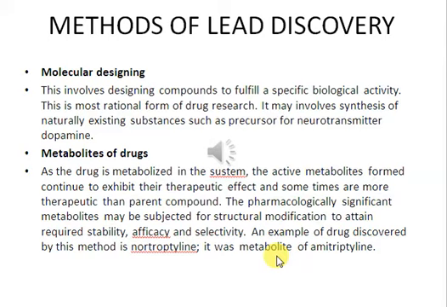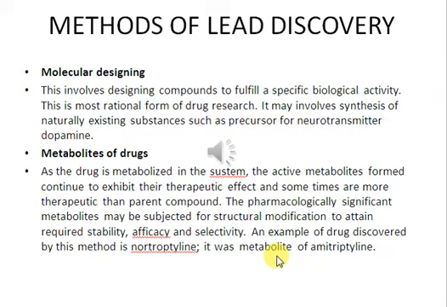So these are the six different methods for the discovery of a lead compound. We can discover a lead compound by random screening, when we don't know anything about the disease and we don't know anything about the receptor. The second method is by chance discovery, which is known as serendipity. Then we have molecular modeling that involves the use of computational tools.